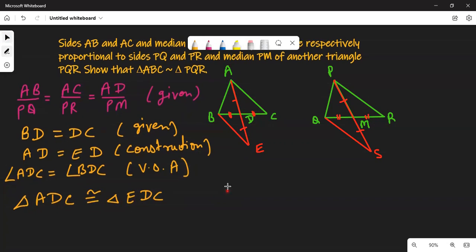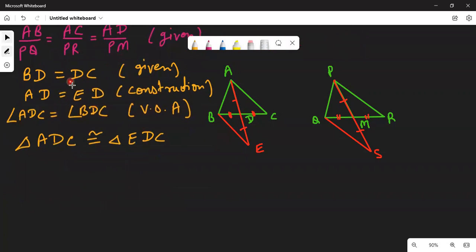Once we have proved these two triangles congruent, we can use congruency to compare their sides. Let's correct it: triangle EDB. So we can say the corresponding sides are equal, AC is the same as EB.